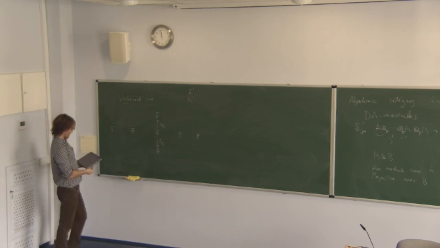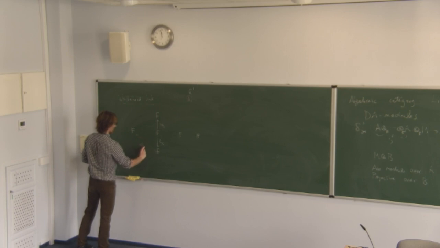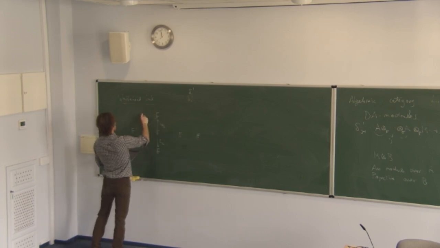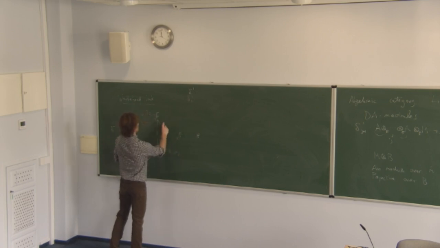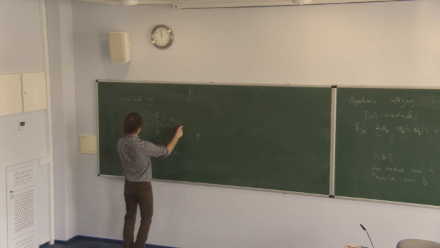I'll just draw it. So we have W1 tensor W2. I'll explain what this means briefly. Here, this is going to be W1 Z2. This is Z1 W2. Z1, and W1 W2.